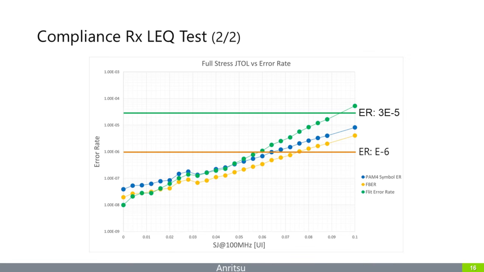So even in the compliance conditions, the FBER can be used to make a judgment of retry rate less than 3E-5. So this is really convincing data to use FBER.